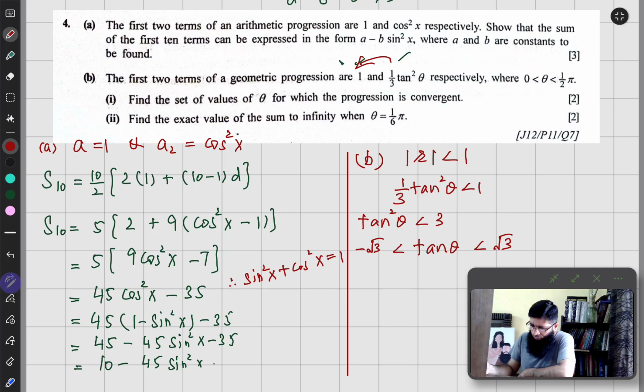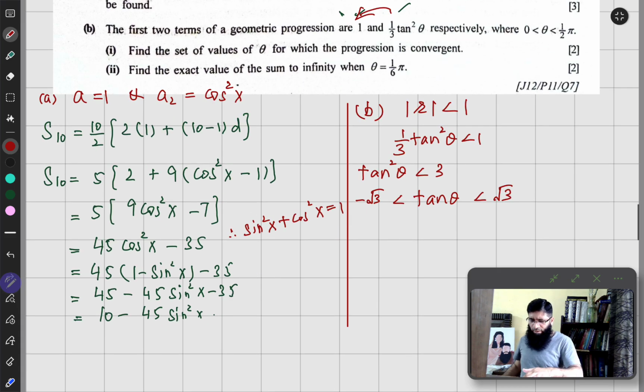All right. Now if you take tan inverse of square root of 3, that will give you 60 degrees, or you can also say pi by 3. So theta is going to be between pi by 3 and negative pi by 3. Now let's move to the next question.